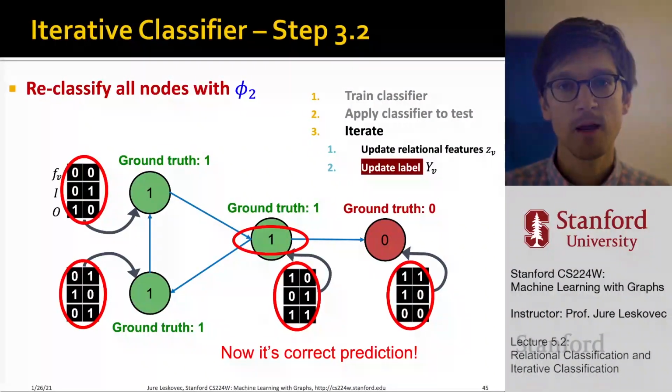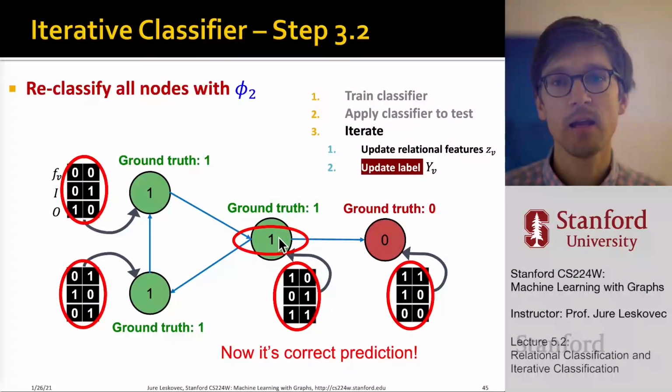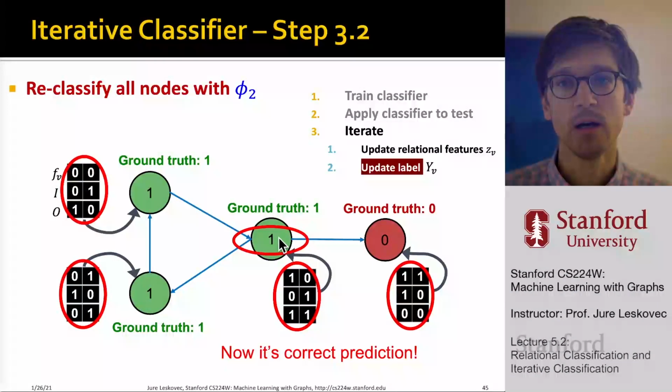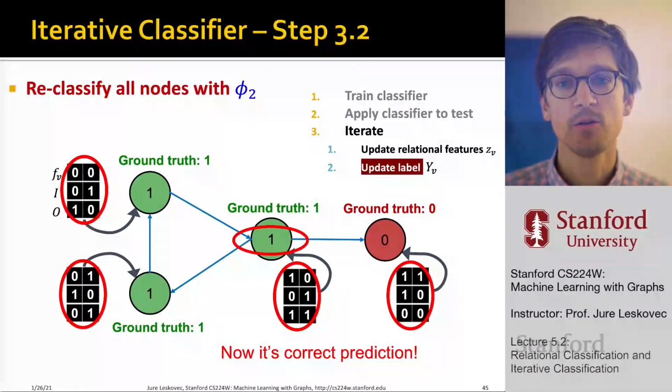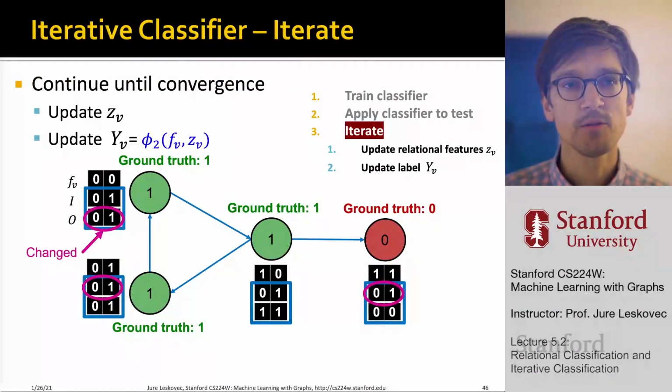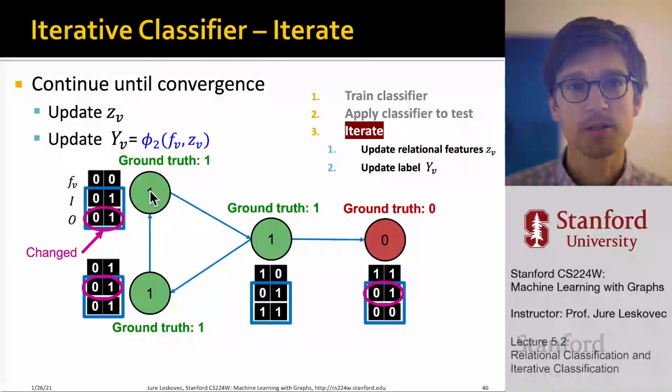And now, basically the idea is that I can go and update the summaries because some labels might have changed. I update the summary and reapply the phi2 classifier. And I keep doing this, reclassifying nodes with phi2 until the process converges. So I'll be updating this until the label predictions stabilize.